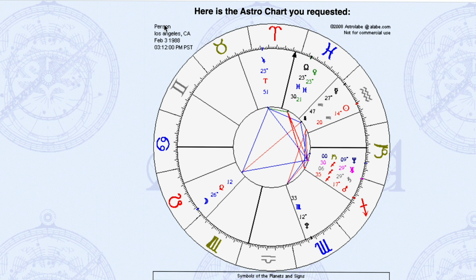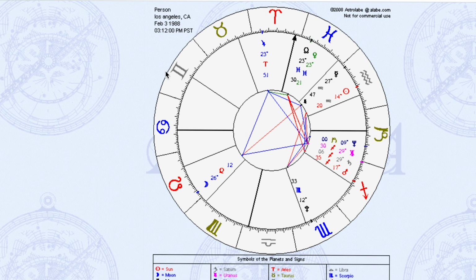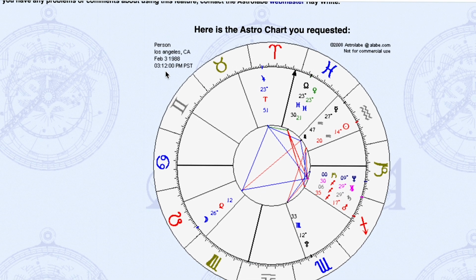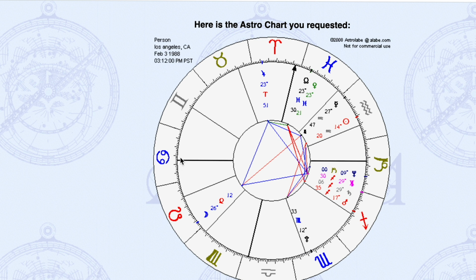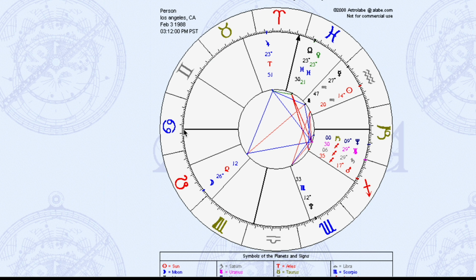This is the chart of that person. Here are the details. That person was born in Los Angeles, California on February 3rd, 1988 at 3:12 p.m. Pacific Standard Time. The Astrolab chart will show you the ascendant. I mean, the degrees are not marked, but you can count. Every gap is a 5, so we have 5, 10, 15, and it's probably 17 something.